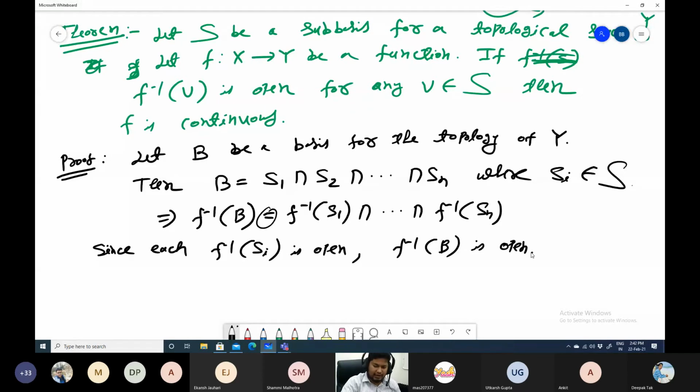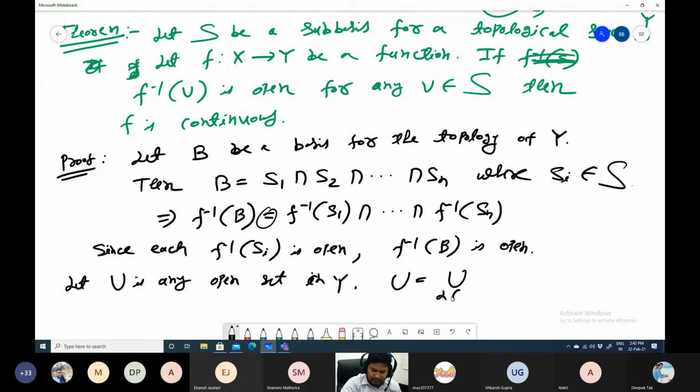So this is one part. Now let U be any open set in Y. Then U can be written as a union of an arbitrary collection of B alpha, where B alpha belongs to that basis.